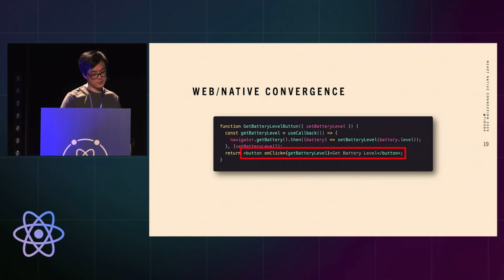And the other issue is that this component returns a button, which is an HTML element. So in order to get this working, we would have to fork this component, and also bring in a native module. But wouldn't it be great if this just worked as is?